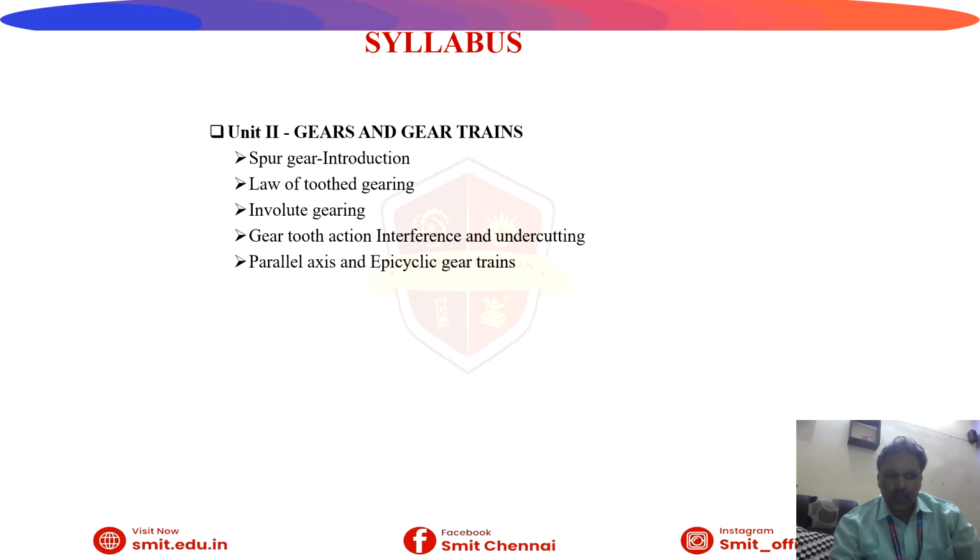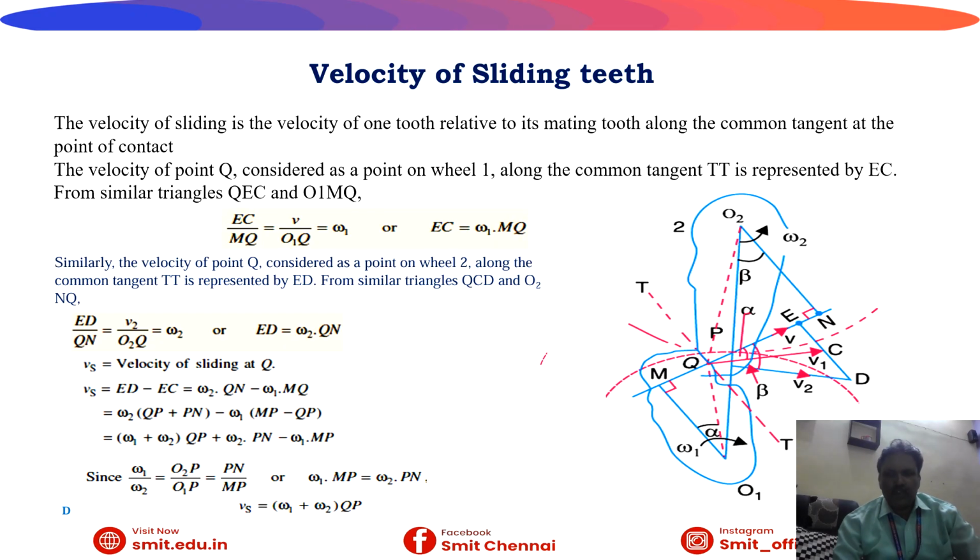So this is a glimpse of the syllabus which I already discussed in the previous videos. So now we can see what is velocity of sliding of teeth. Already we have discussed the cycloidal tooth and involute tooth.